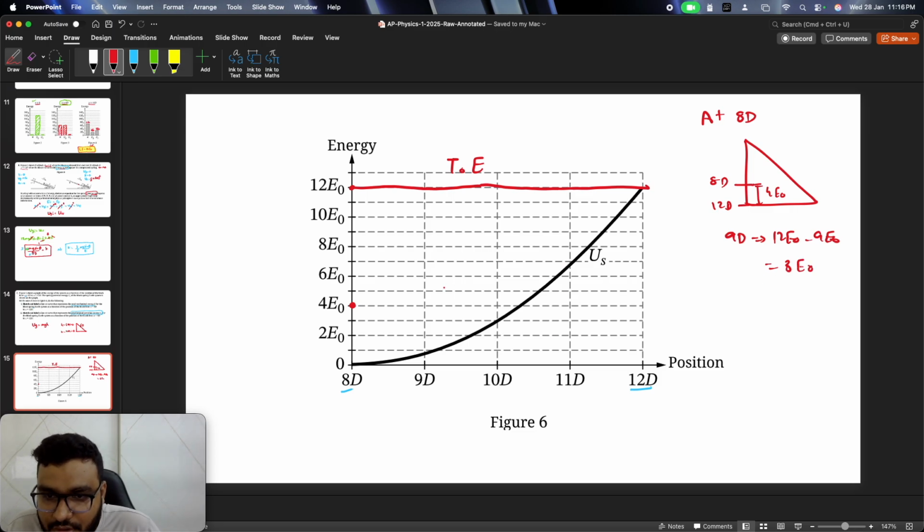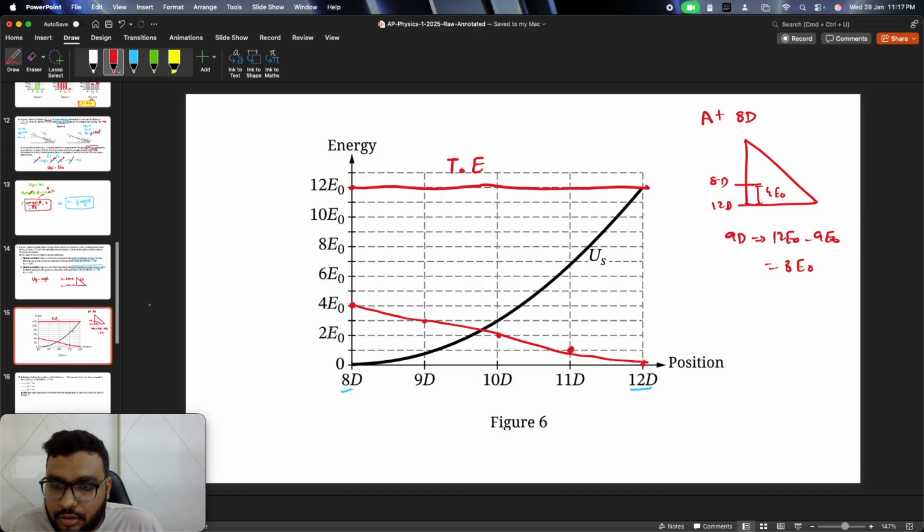So at 9d it should be somewhere over here. At 10d it should be somewhere over here, 11d, and at 12d it should be 0. So I can see that it's a linear line, something like this. Okay, so this is how the line goes. So I can write this as gravitational potential energy, and it is going to be linear.